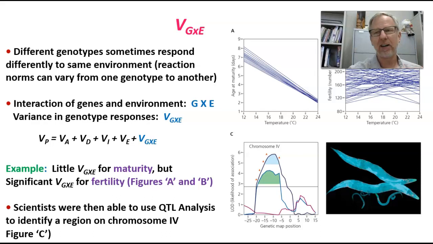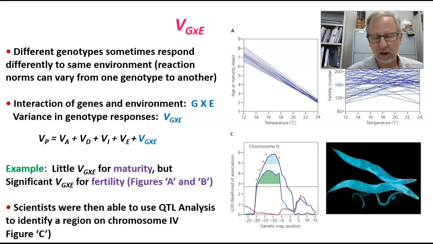So what that's telling us is that genetically different worms being exposed to the same environmental conditions are showing different phenotypic expressions. So this is telling us that there is a genetics by environment interaction when it comes to fertility, but there isn't a genetics by environment interaction when it comes to age at maturity.